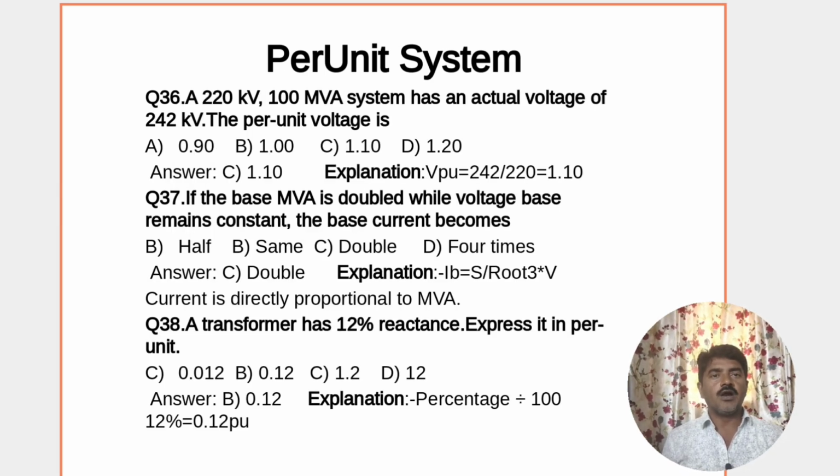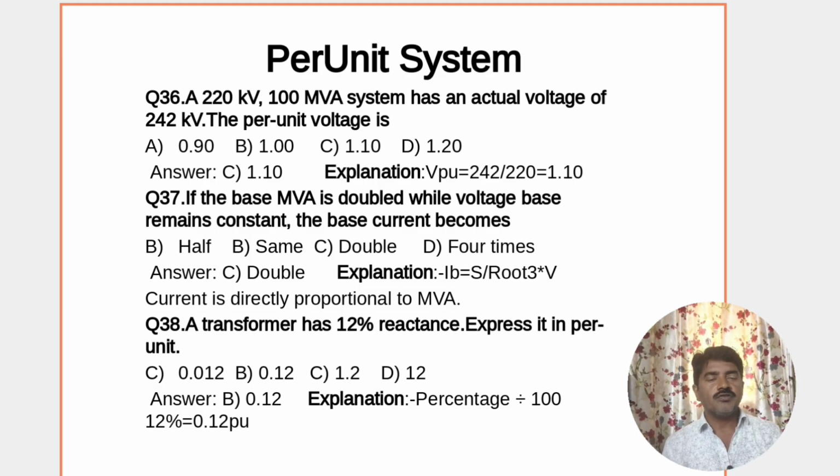A 220 kV 100 MVA system has an actual voltage of 242 kV. The per unit voltage is, here actual voltage is 242 kV, the base voltage is 220 kV. Per unit voltage is actual value by base value. Here 242 by 220, that is 1.10 is the answer. Here C is the answer.